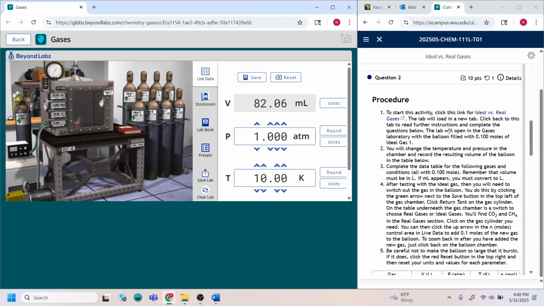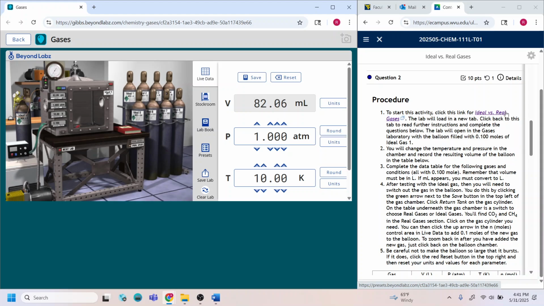Now this one over here, you are going to compare different ideal gases versus real gases. So as we mentioned, real gases are molecules that occupy a definite volume. And if they occupy a definite volume, the molecules are going to be so close together, right?